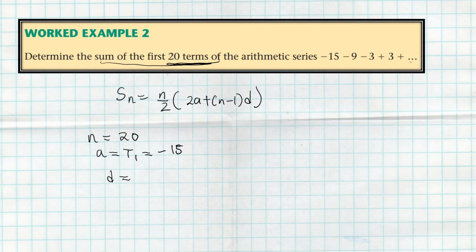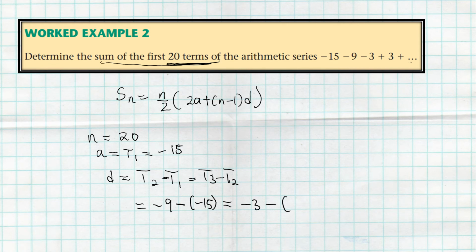Then our d, we get our d by saying the second term minus the previous term must be the same as term number 3 minus term number 2. Okay, so term number 2 is minus 9, right? Minus the previous term, and whatever comes after the minus, you put it in brackets to avoid making mistakes. So minus (minus 15) there. Term number 3 is minus 3, minus term number 2, which you put in brackets, minus (minus 9) like that.